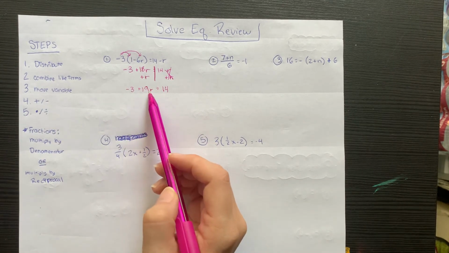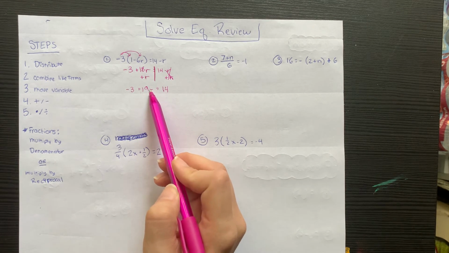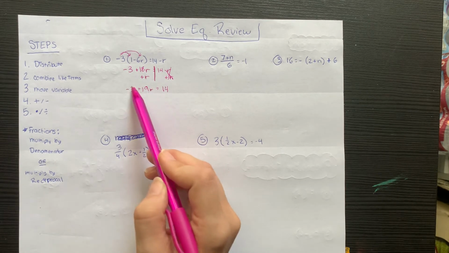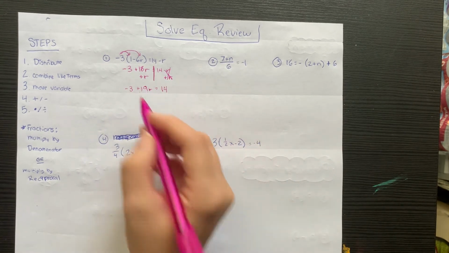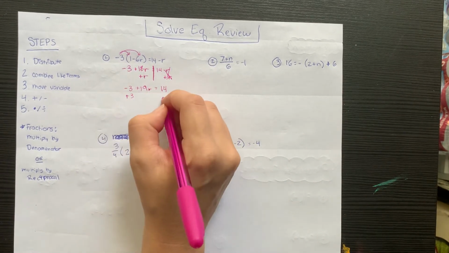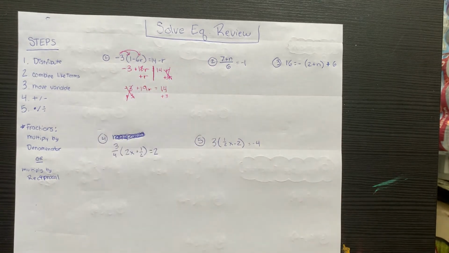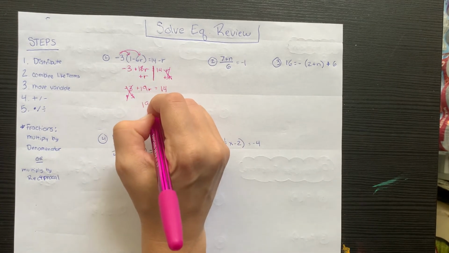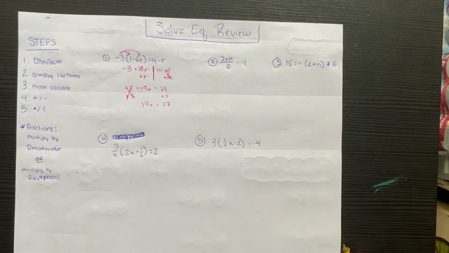So here's the R. What I need to add or subtract is this negative 3 here. Remember, you want to do the opposite. So I'm going to add 3 to both sides of the equal sign. Cross those out. 19R will equal 14 plus 3 is 17.